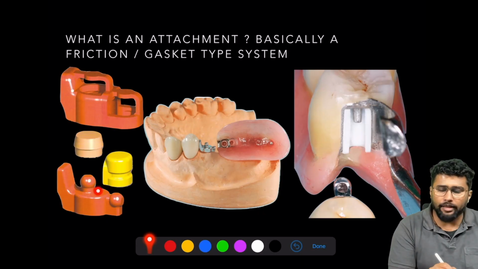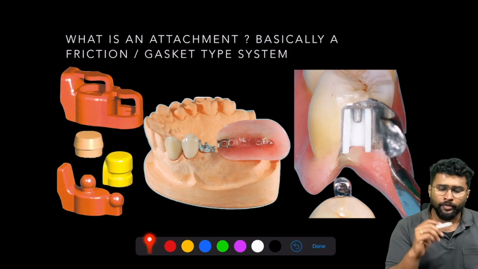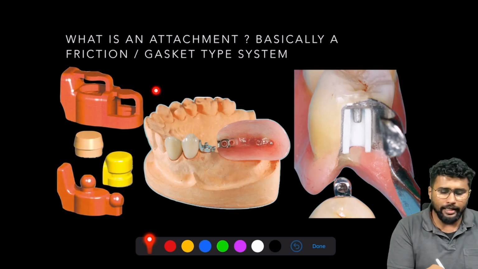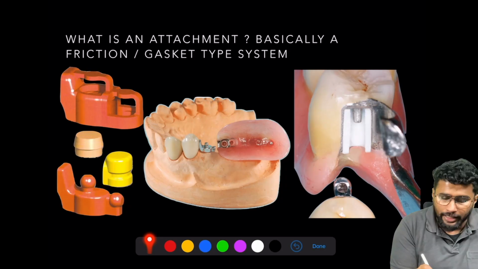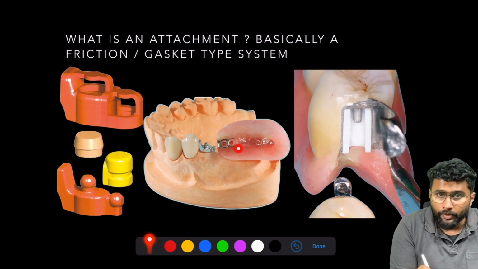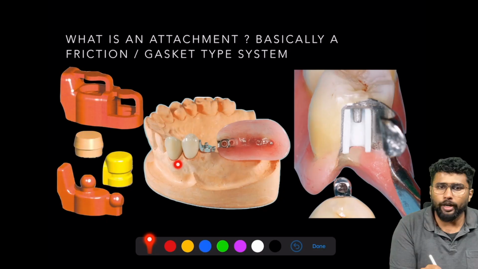Between the male and the female, you will have some kind of friction or gasket type system. So this is basically a silicone gasket or a silicone retentive element. The idea is, once I cast this, I can attach it within the denture base. You can see that this two-step housing is sitting inside here, and this male component has been attached to the 2-unit fixed partial denture or crown in this particular case.